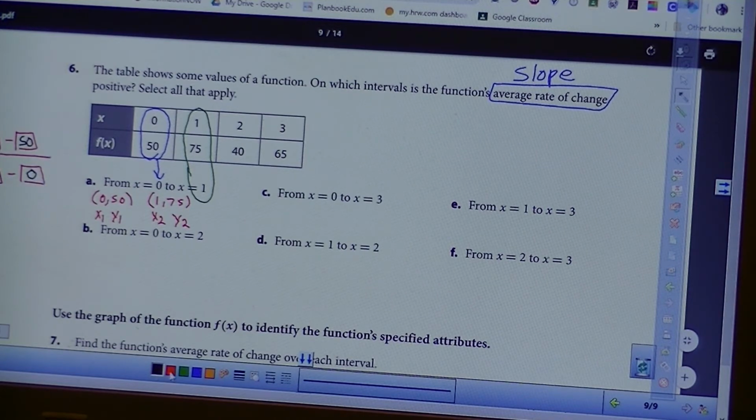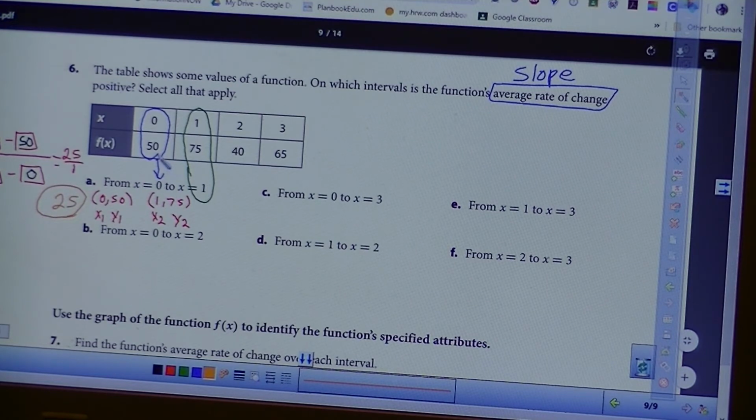Okay, so when we simplify this down, 75 minus 50 is 25, and then 1 minus 0 is 1. So our rate of change is simply going to be 25. Ultimately, that is what our average rate of change is going to be. And then which of these are positive?